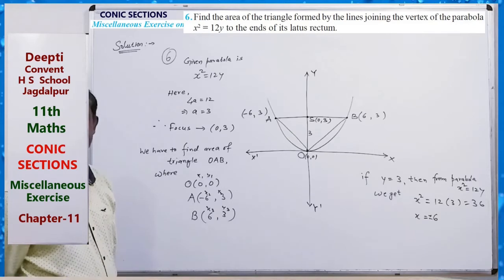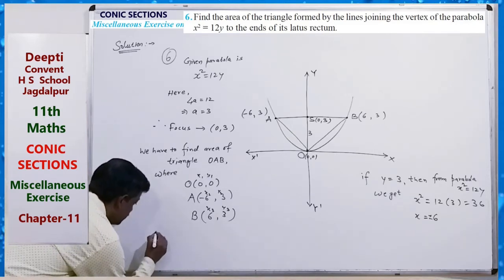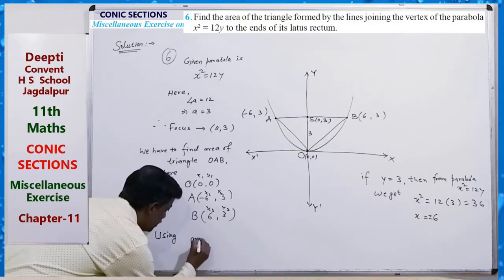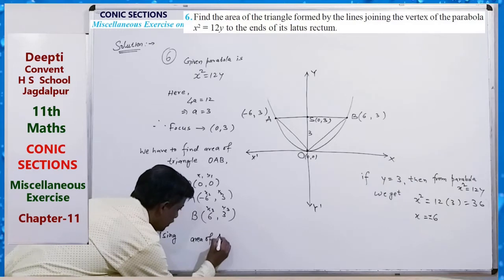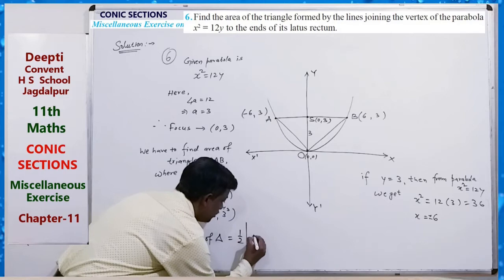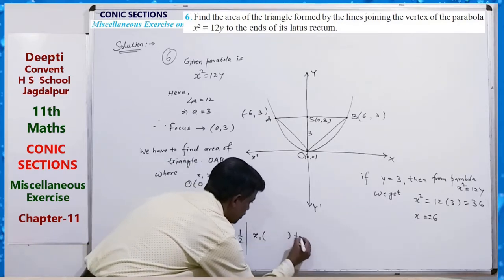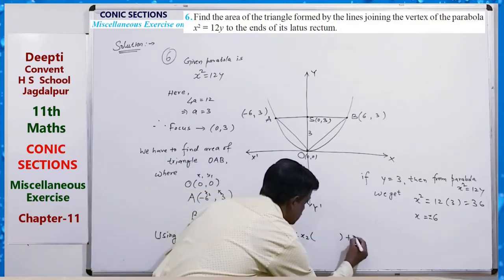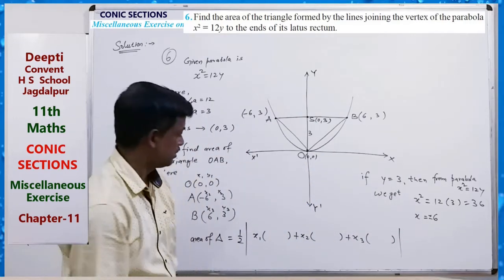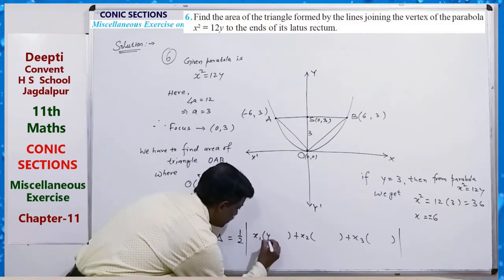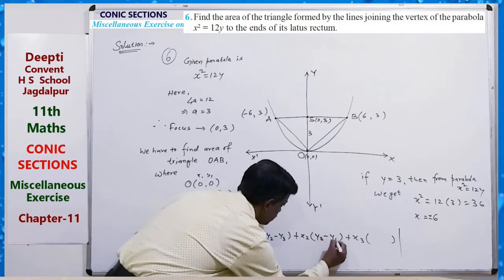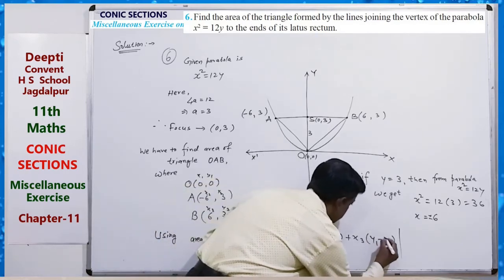Then we can find the area of the triangle using the formula: area of triangle equals half of the modulus of x1 (y2 minus y3) plus x2 (y3 minus y1) plus x3 (y1 minus y2).